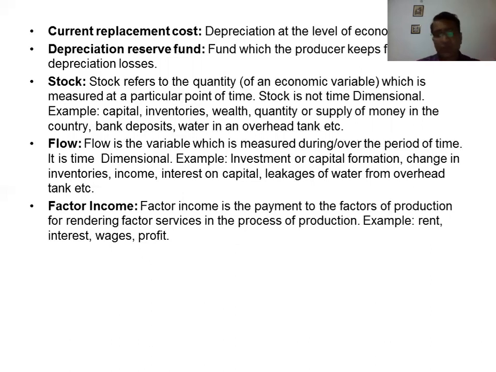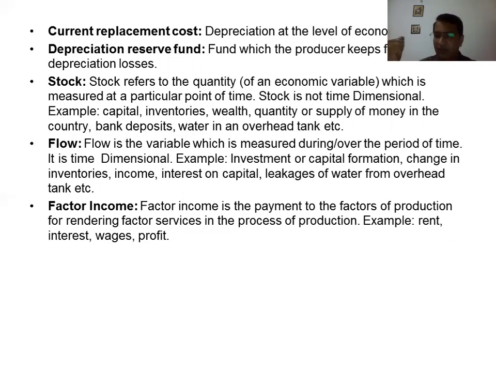Then another basic concept is factor income. These concepts are most important for discussing the methods to calculate national income. Factor income is the payment to factors of production. It means it is earned by the factors. If we render any services for the production process, then what we earn is factor income, like rent, interest, wages, and profit.